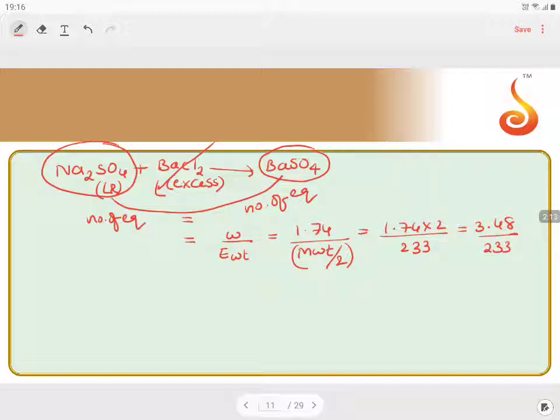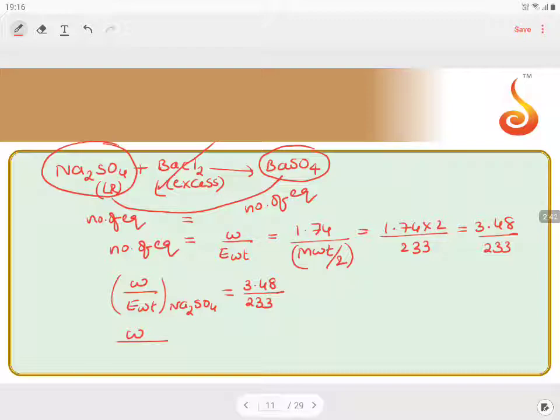Now let us come to the number of equivalents of sodium sulfate. How can you write it? Weight by equivalent weight of sodium sulfate, for Na2SO4, will be equal to 3.48 by 233. We don't know the weight, but the equivalent weight is molecular weight by 2.